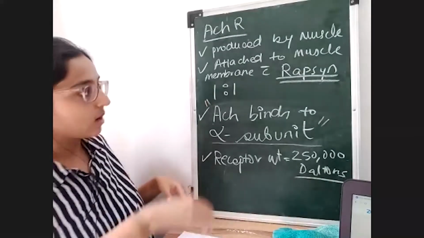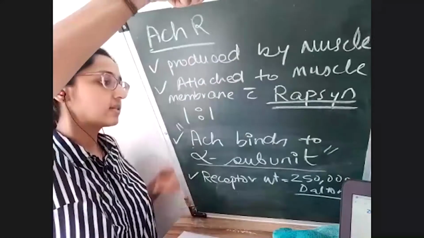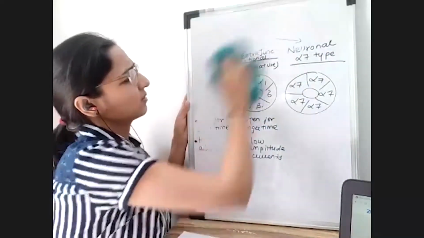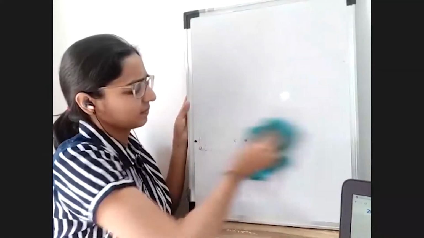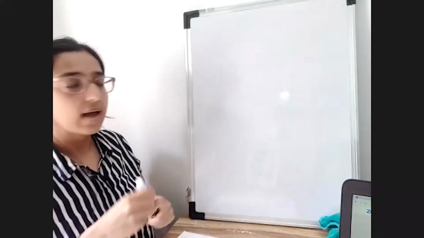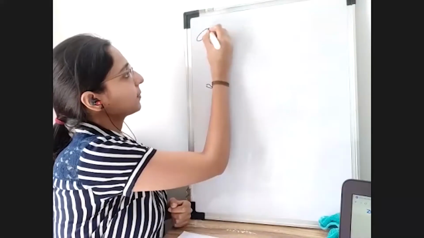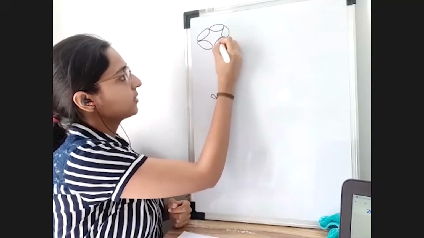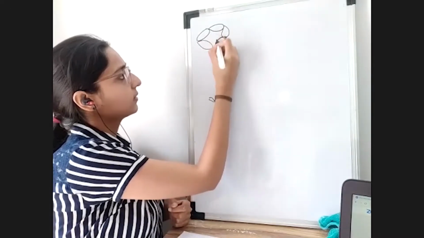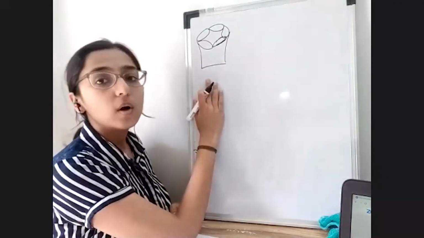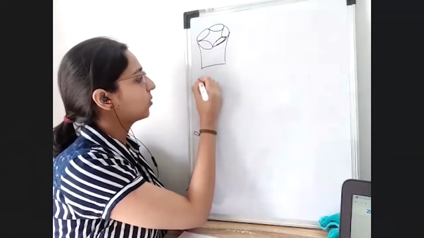Now what we need to understand next is, if I have a receptor, an acetylcholine receptor with its 5 subunits, as I have drawn here, what is this form of the acetylcholine receptor?